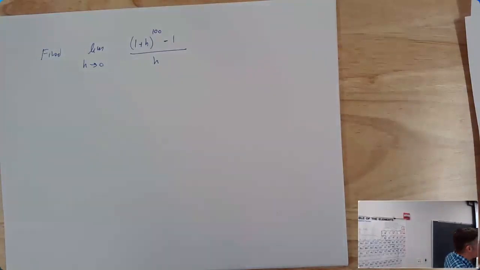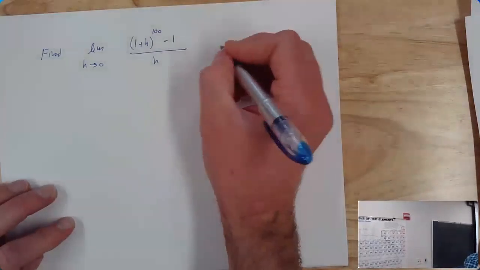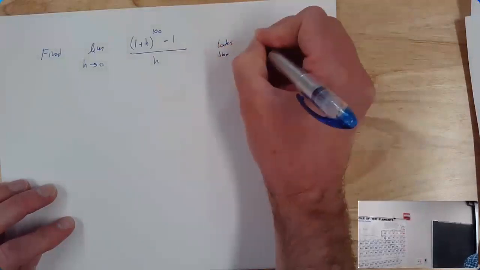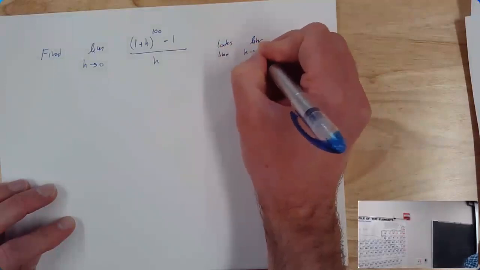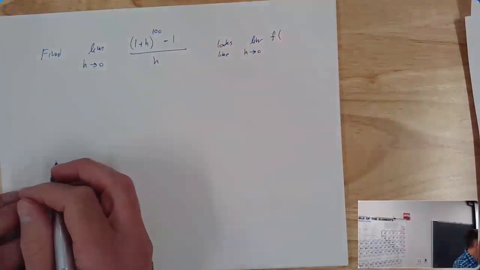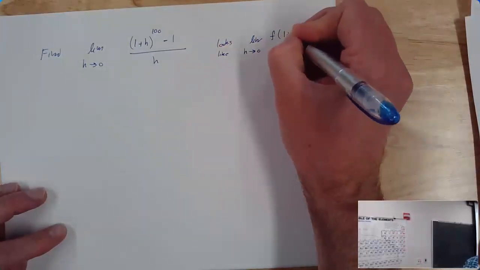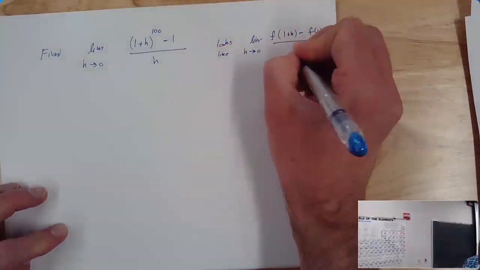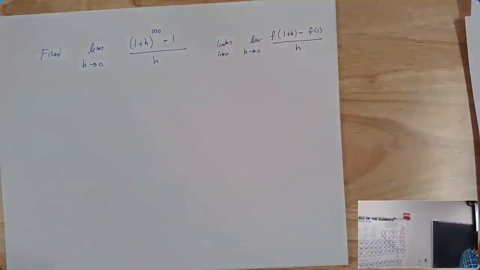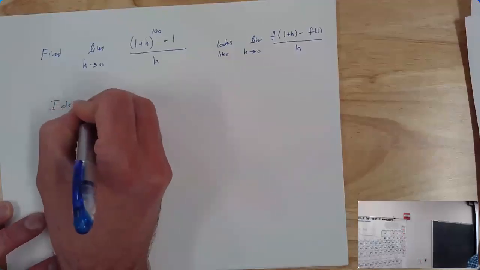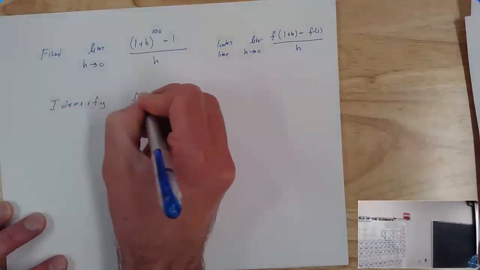So our job is to say, well, this looks like the limit as h approaches 0 of some f of, I'm not even going to write x plus h, I'm going to write 1 plus h, minus some f of 1, all over h. So your job, after looking at this, I want you to identify what is your f of x. Write it down.